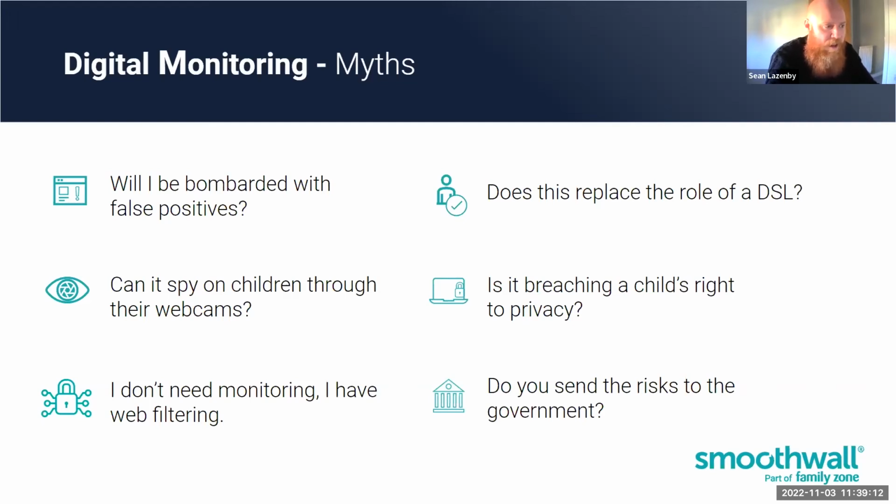The alerts that come through are the top end of information that you will receive, as opposed to, oh look, someone's been swearing, and you're just getting bombarded with them. It's going to be quality over quantity.